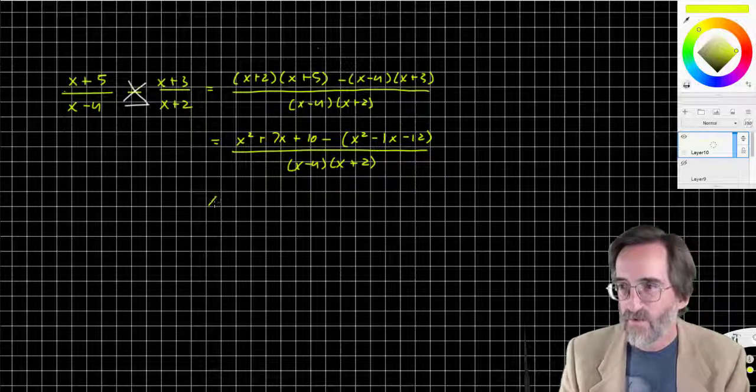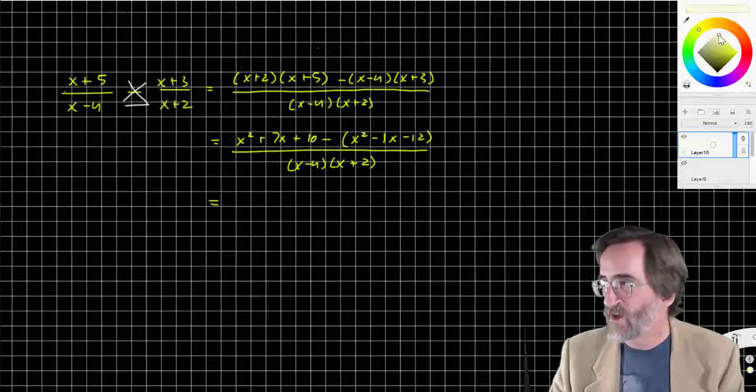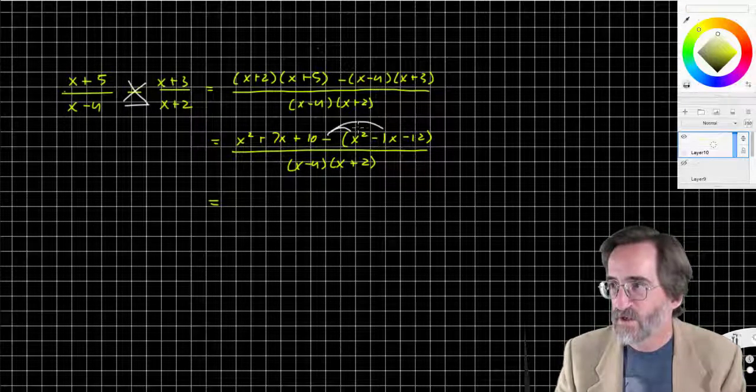All right, so distribute the minus, which means change all the signs.